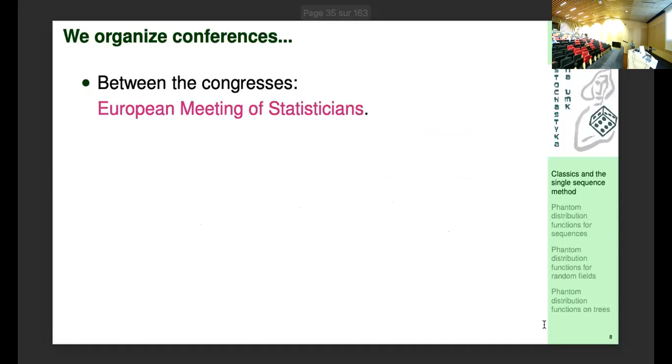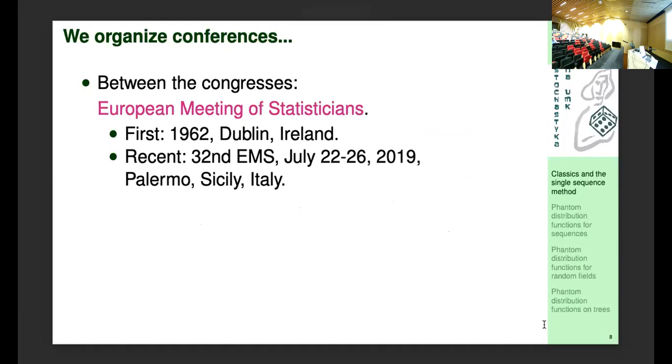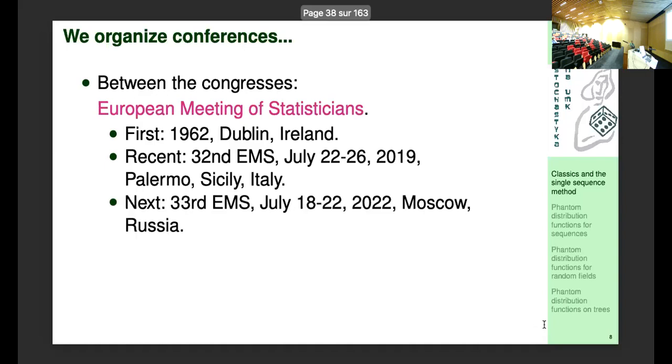The other conference of similar meaning is the European Meeting of Statisticians. The first was in '62, before Bernoulli Society was established, but recently it was the 32nd in Palermo, and next year it will be in Moscow.